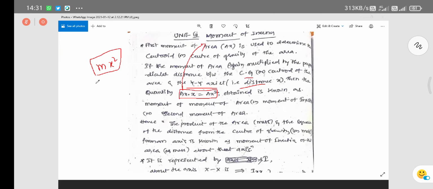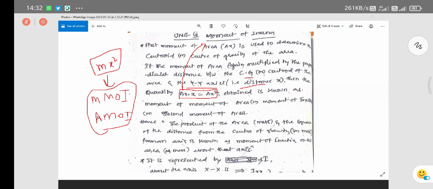Okay, so this total entire quantity is going to be called MOI, or MMOI, mass moment of inertia. In some textbooks, moment of inertia and area moment of inertia are given as abbreviations, AMOI. These are nothing but short terminology: moment of inertia, mass moment of inertia, or area moment of inertia.